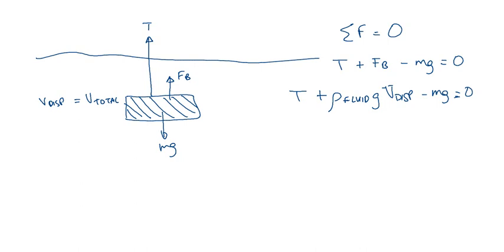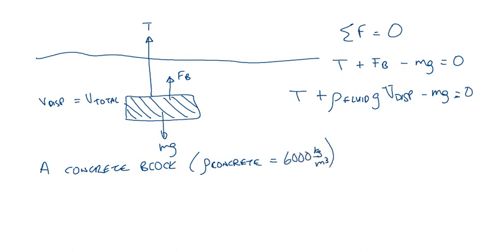Okay, if you had a problem that said a concrete block, and then maybe they tell you the density of concrete, or you can look it up if it's a homework problem or something. Let's say, I don't know the density of concrete, let's say it's 6,000 kilograms per cubic meter.